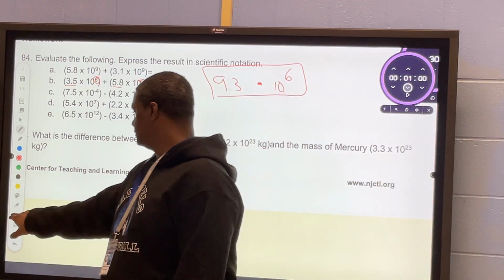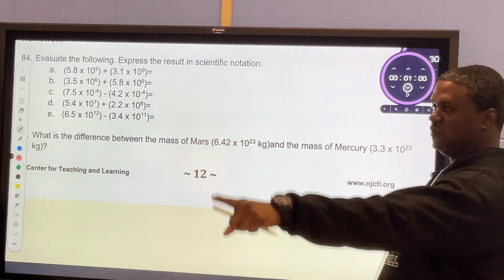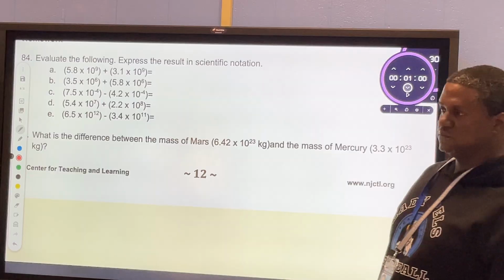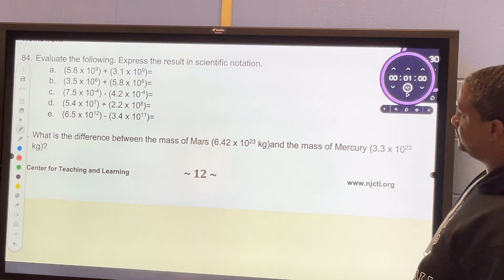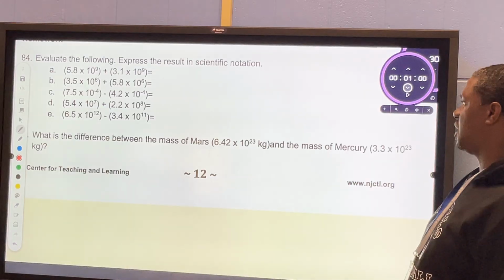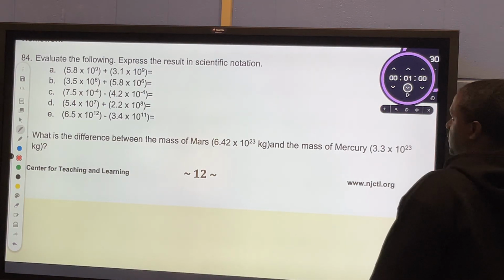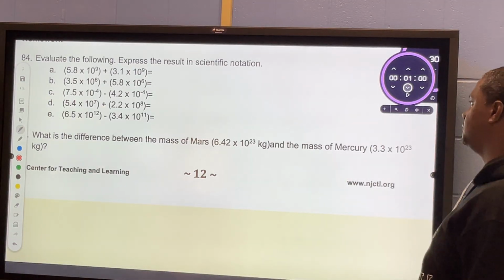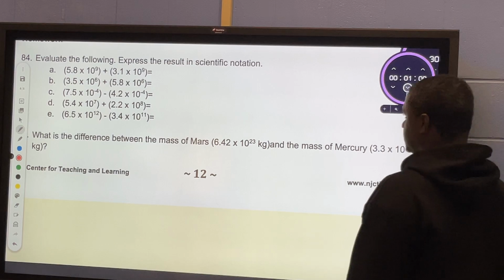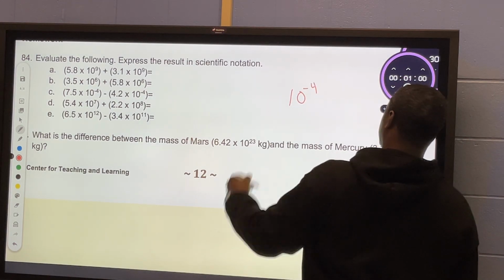Let's move on to letter C. That's probably a subtraction problem. What's the first step we need to do? Identify the exponent, which is negative 4. So I have 10 to the negative 4, and they are the same.